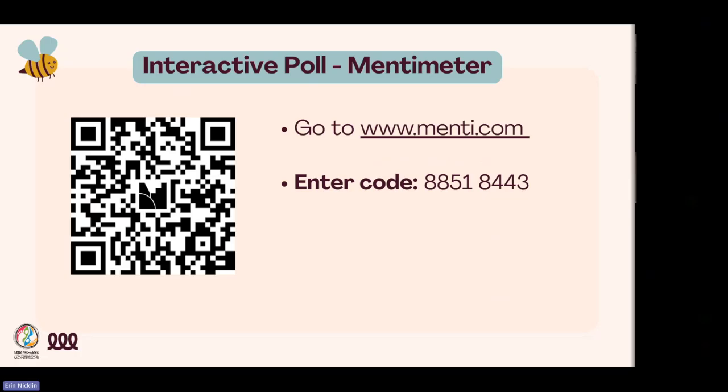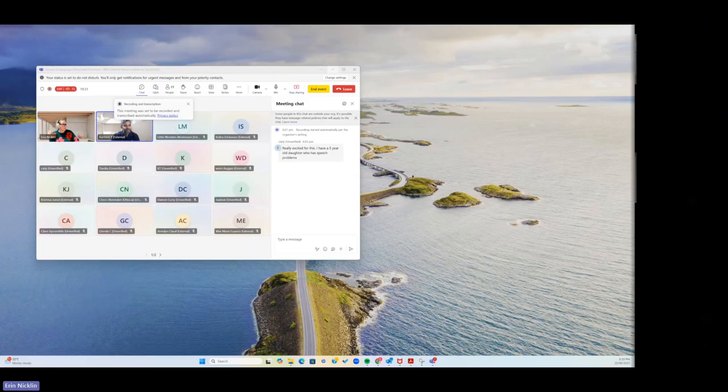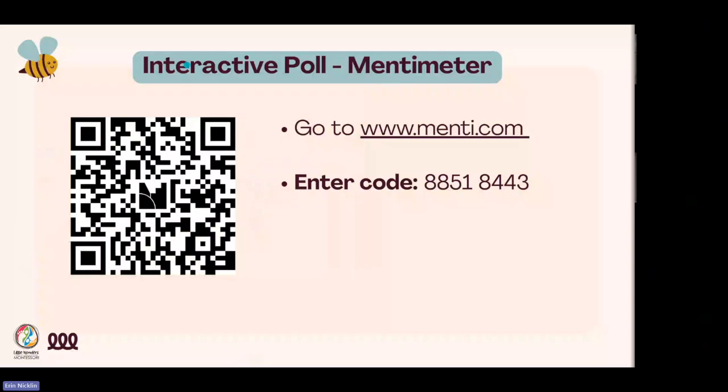Okay, so we're going to do some interactive polls throughout the night, and we're going to kick off with one of them to start with. So I'm not sure if everybody has used this before, but there is a website called menti.com. So if you can pop that up on your phone or your iPad or your laptop, whatever you're using, and enter this code in there, I'm going to pop that in the chat.